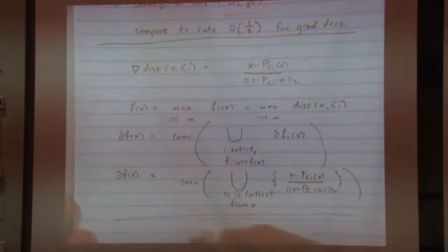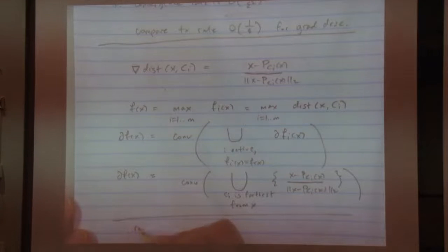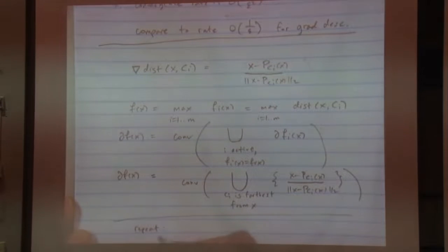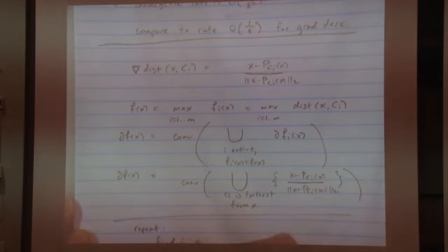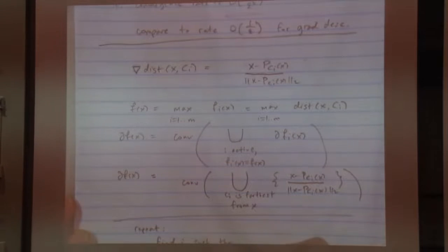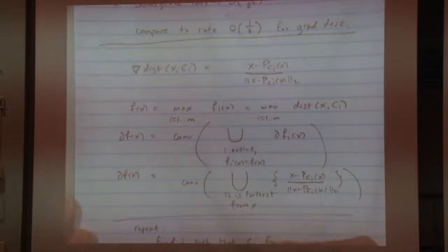Okay, so that's going to lead us right into the subgradient method now for minimizing this loss function f. It's just: repeat the following steps. Find i such that C_i is farthest from x.